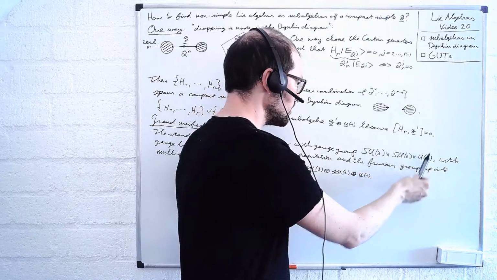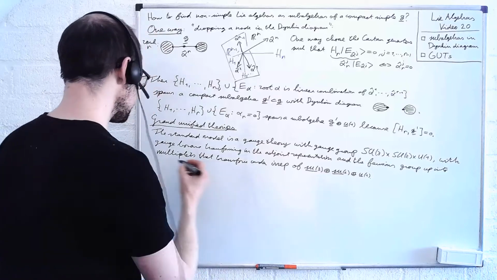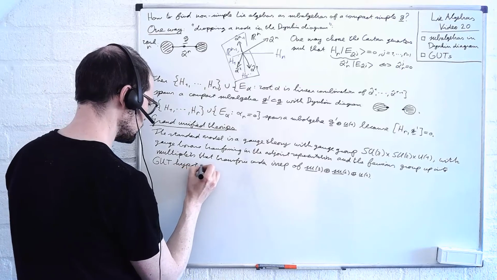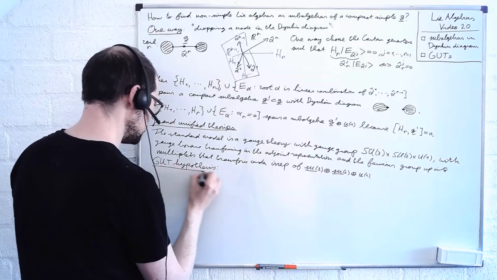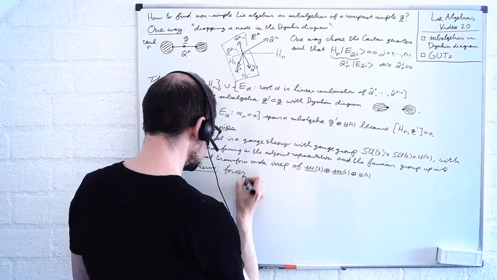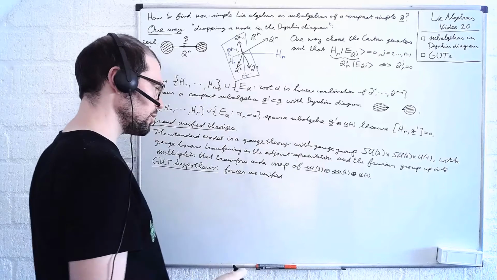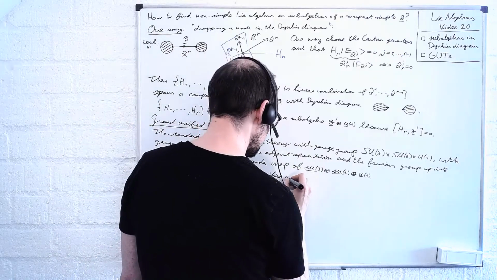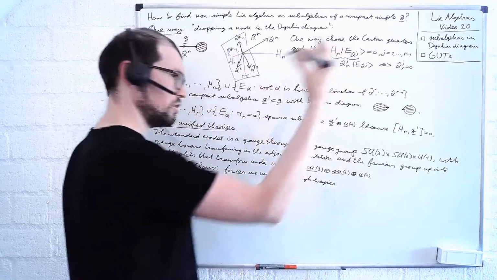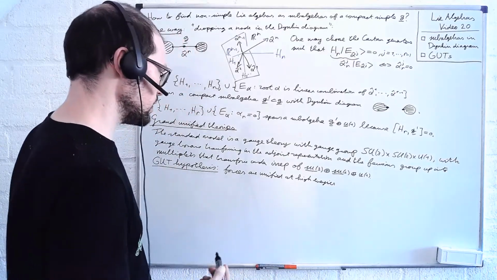No, actually this gauge group is only a subgroup of a more fundamental gauge group. So the GUT hypothesis is the following. It says that the 3 forces are unified into a single fundamental force at high energies, say energies way beyond what we can access with particle accelerators currently.